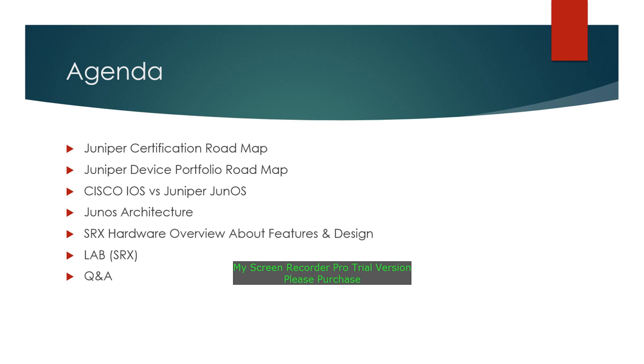And then we will come to Cisco IOS versus Juniper Junos, what makes the difference, and Junos architecture, meaning how Juniper OS is different from other OS.